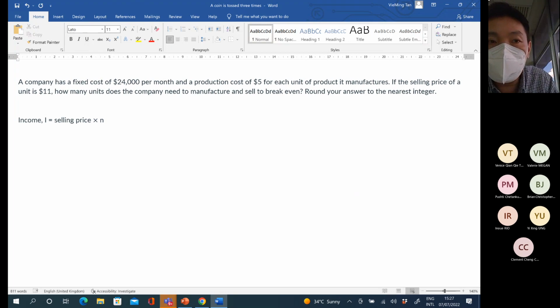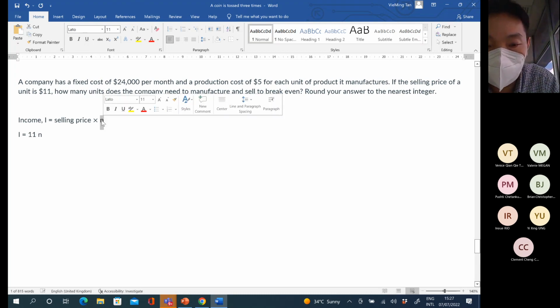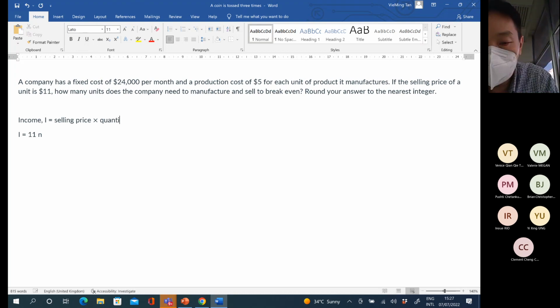Because we already know the selling price per unit, we can conclude that I is equal to $11n, because n we don't know, so we just put n here to represent quantity sold. Okay, n means quantity sold. So this is the first equation we already have.